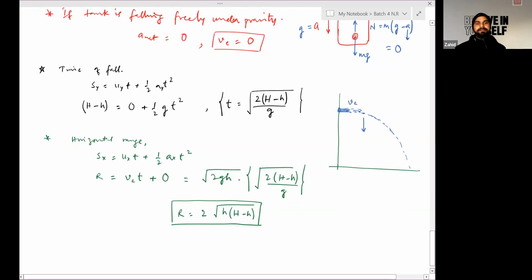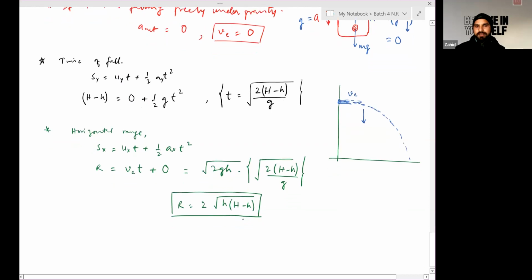Now, the next thing is you'll have to define the condition for getting the maximum range of this particular stream. So how to define the maximum or minimum of a particular function?